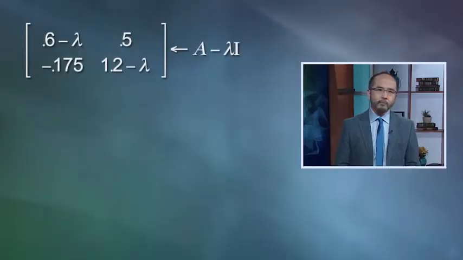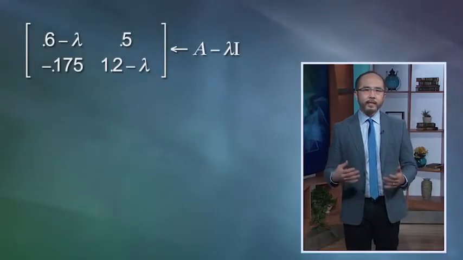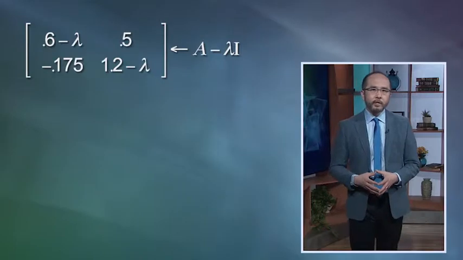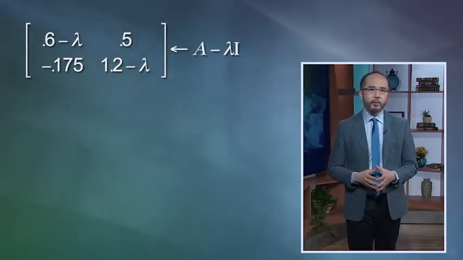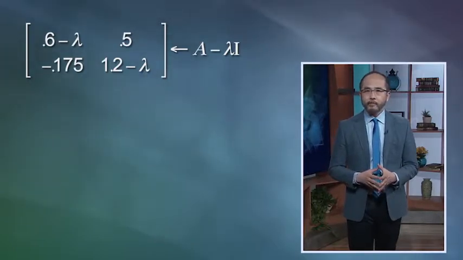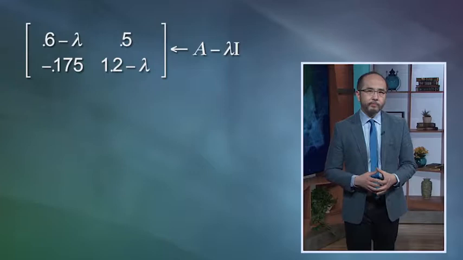Let's carry out the first calculation for p equals 0.175. We calculate the eigenvalues of A by taking A and subtracting lambda off the diagonal to get A minus lambda I, which is the matrix 0.6 minus lambda, 0.5, minus 0.175, 1.2 minus lambda.